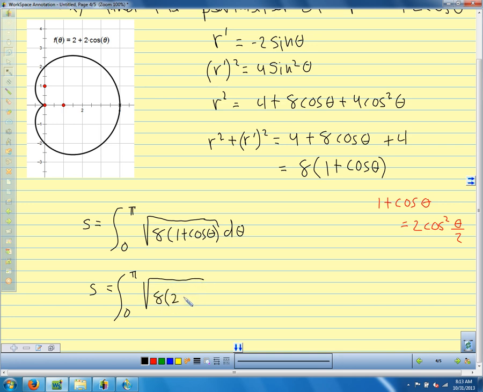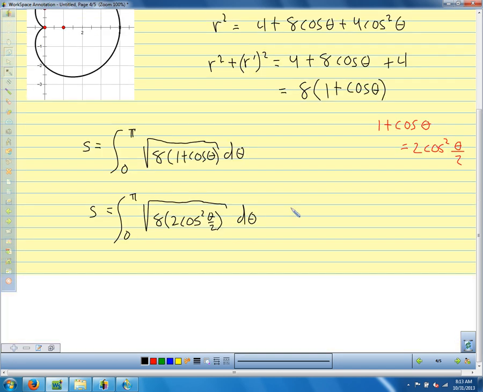The integral from 0 to pi of the square root of 2 cosine squared theta over 2 d theta. When I take the square root of this whole deal, I just end up with the absolute value of cosine theta over 2 d theta.